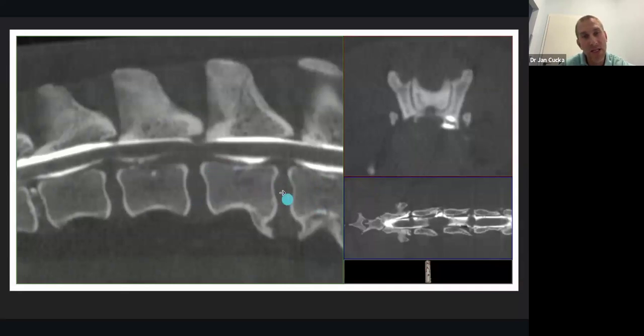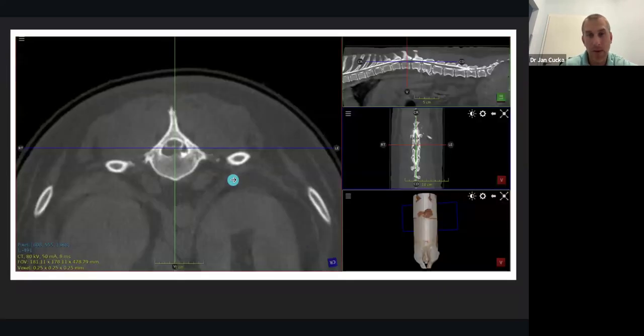So this is the sagittal view. There's also some spondylosis, but spondylosis doesn't mean any cause of those problems. And there was quite a huge ventral compression, and we know that the right side was worse.